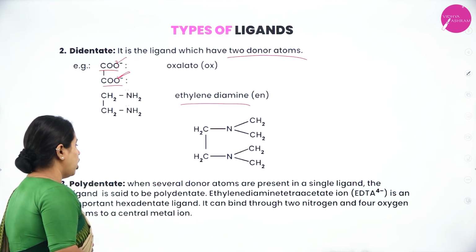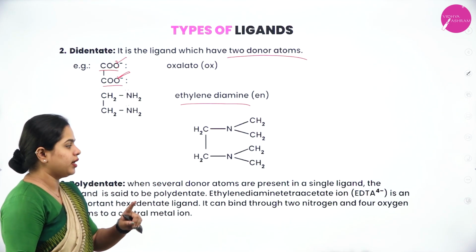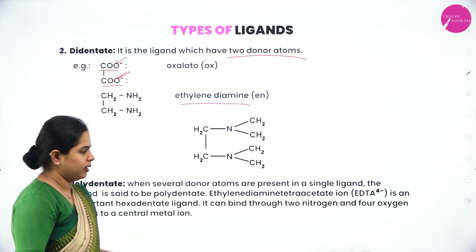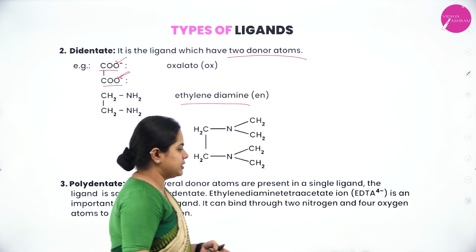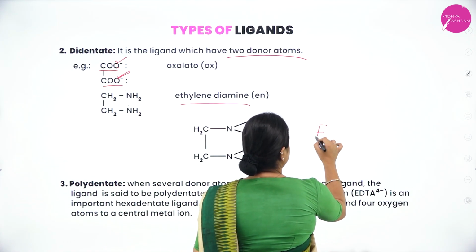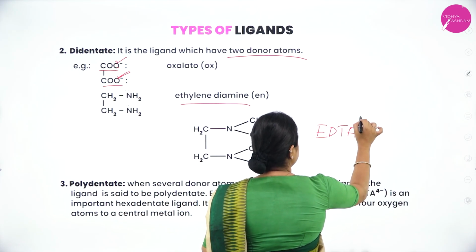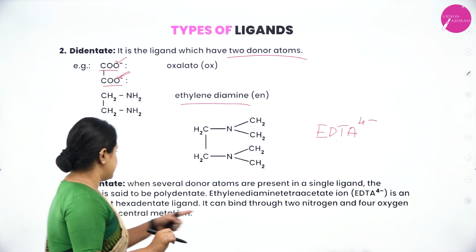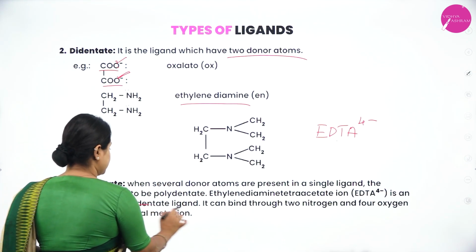Now the last one is the polydentate ligand. When several donor atoms are present in a single ligand, the ligand is said to be polydentate. Now ethylene diamine tetraacetate ion, that is EDTA, and the charge on this is 4 minus, is an important hexadentate ligand. So what does that mean?